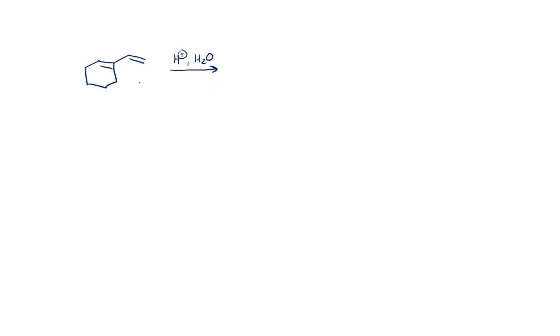So the first thing we need to do whenever we have this is we need to do two things. We need to first figure out which cation is more stable. How do we make the most stable cation? And then two, which product is most stable?